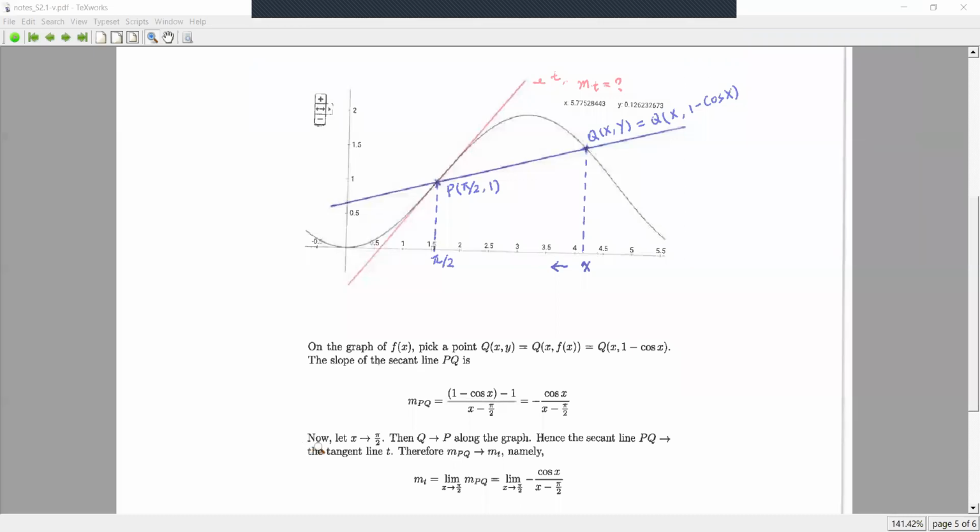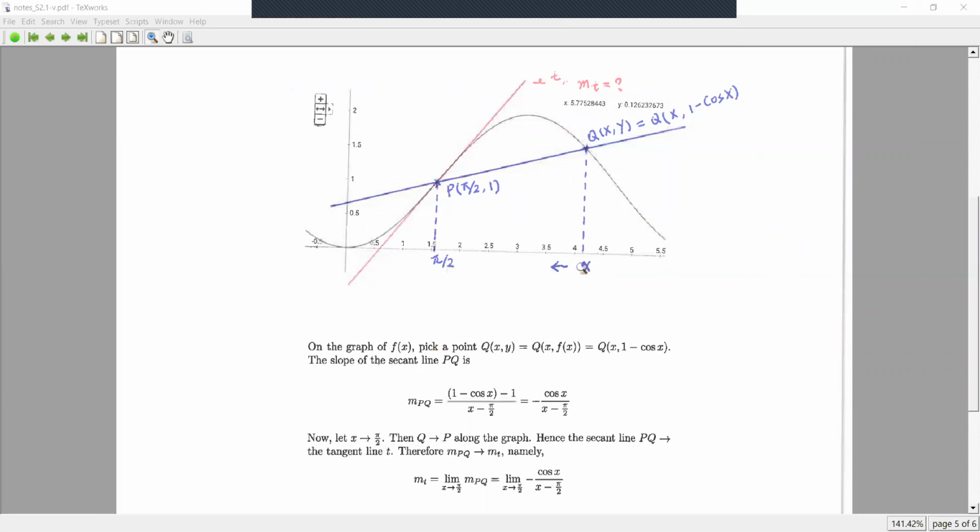Now we apply a limiting process to obtain the slope of the tangent line. We let x approach pi over 2. x is here, pi over 2 is here. Now we move x toward pi over 2.